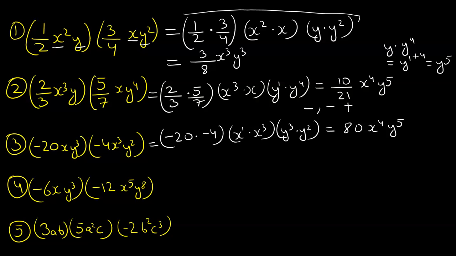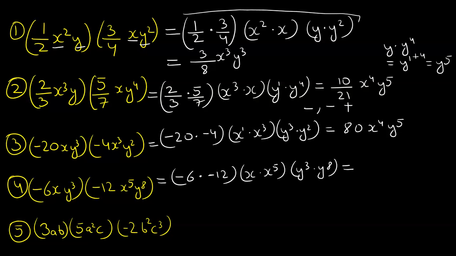Fourth one is exactly the same way we do it. So try it yourself at least one time. So we have here negative 6 times negative 12, then x times x to the power of 5, y cube times y to the power of 8.